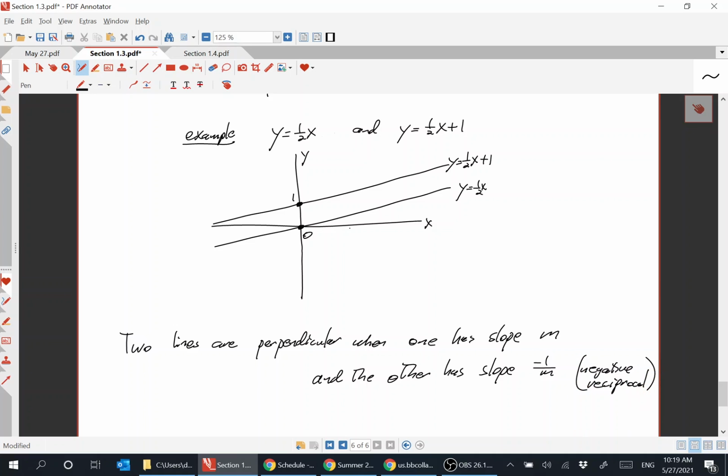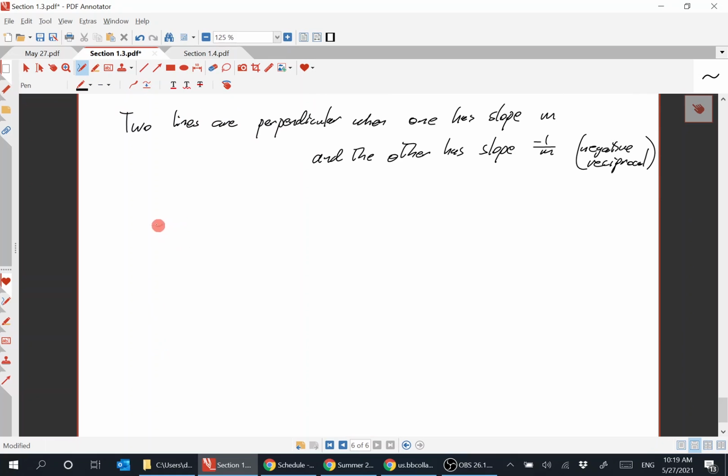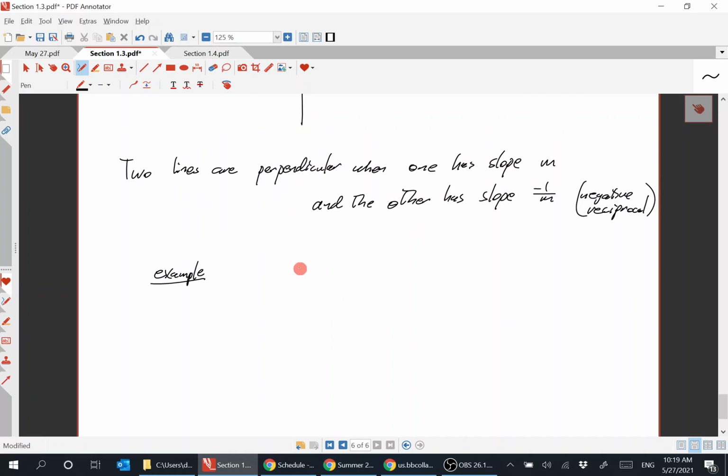So slopes are negative reciprocals of each other, and otherwise when you multiply them together you get -1. m times negative 1 over m is negative 1. So perpendicular lines meet at a square, at a 90-degree angle.